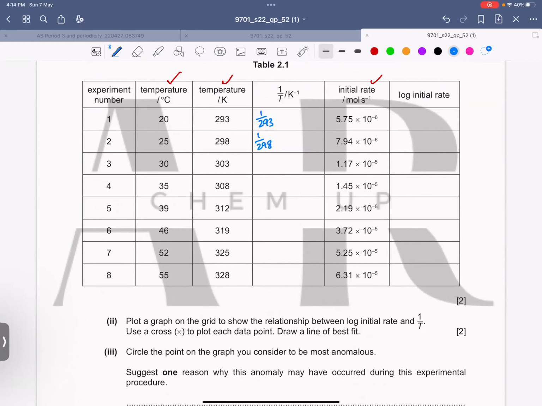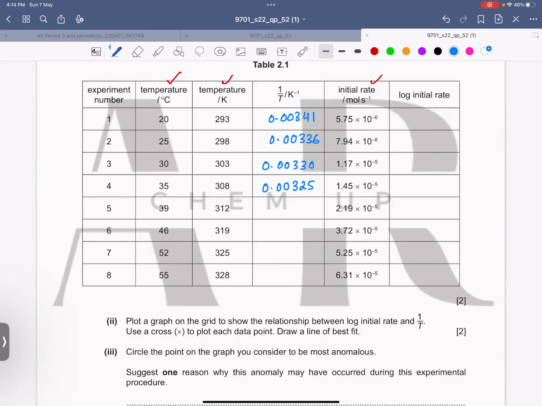0.00341. Next value, please. 0.00336. Next value. 0.00330. Okay. Next one. 0.00325.